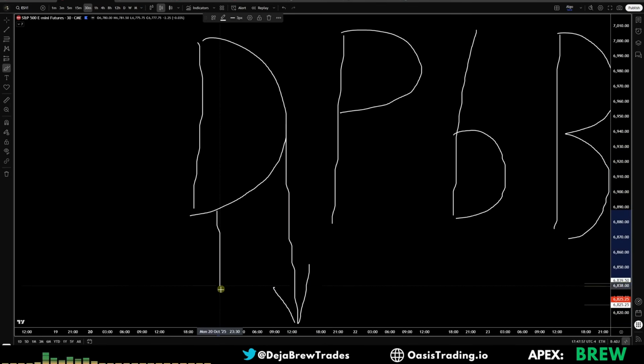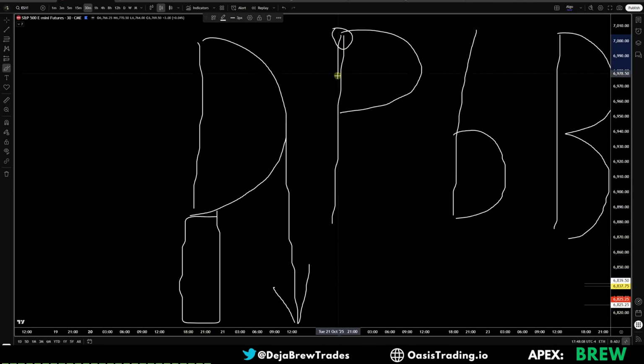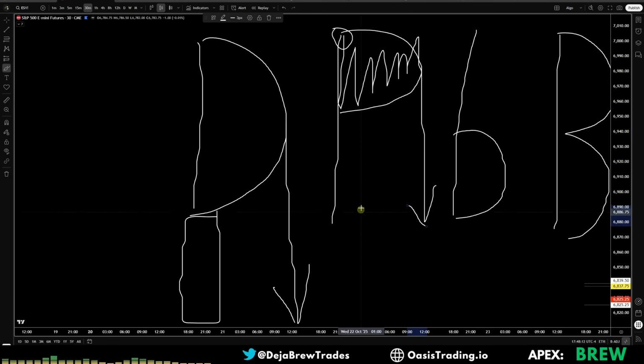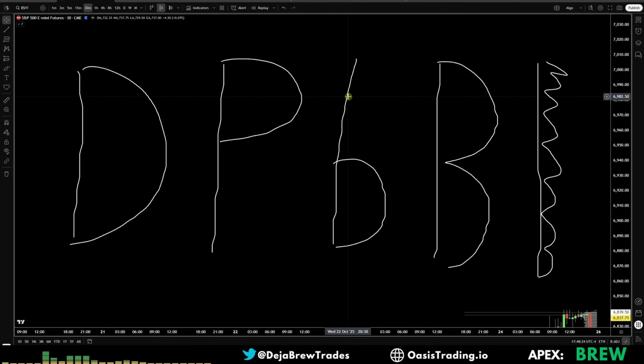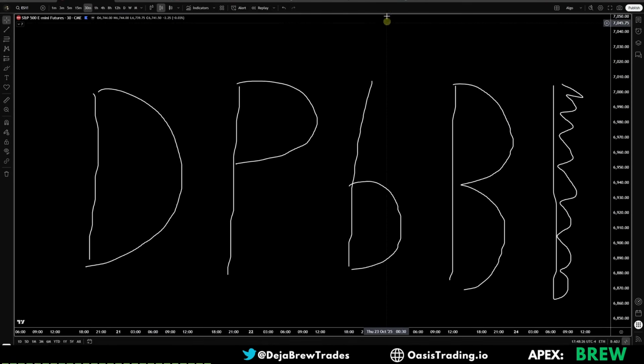So therefore, we would build up the lower tail, and we would have a very large value area towards the high of day. So think about on a P-shaped profile, if we started up here, and we chop, chop, chop, and then push down and created that P-shaped profile. Now that would not be a proper P-shaped profile, because it started out as a D shape and then it turned into a P shape. That is what's known as a D shape failure.